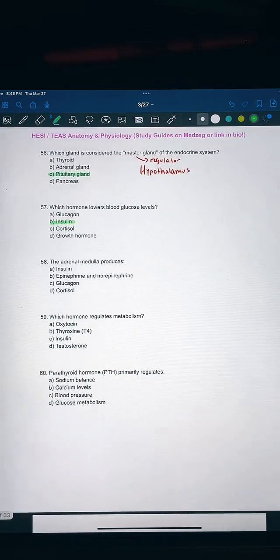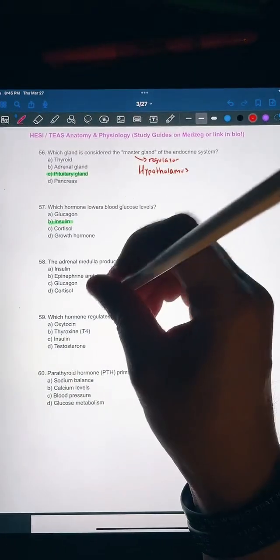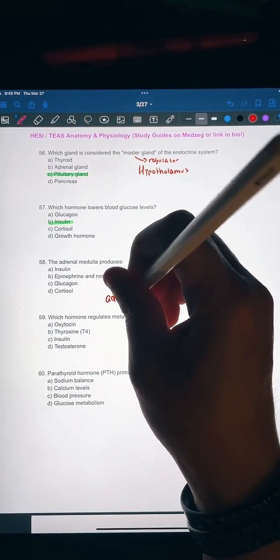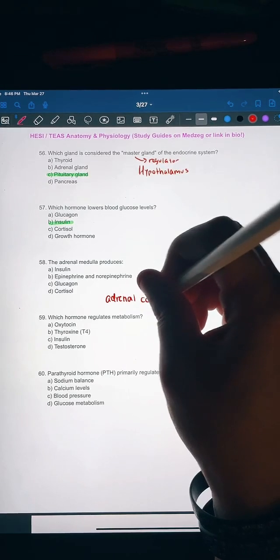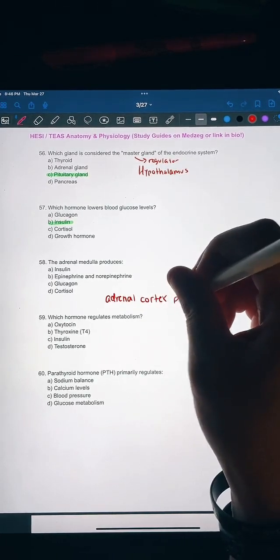Number 58, the adrenal medulla produces... And also, I would probably ask and know the difference with what the adrenal cortex produces.